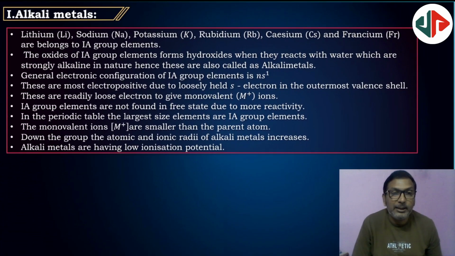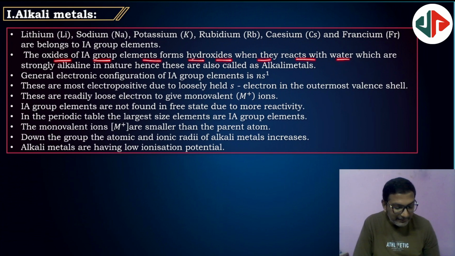Next, about alkali metals, the first A group elements. Lithium, sodium, potassium, rubidium, cesium and francium are 1A group elements. The oxides of first A group elements form hydroxides when they react with water, which are strongly alkaline. Therefore, these are known as alkali metals.